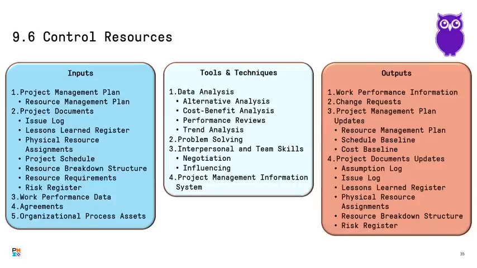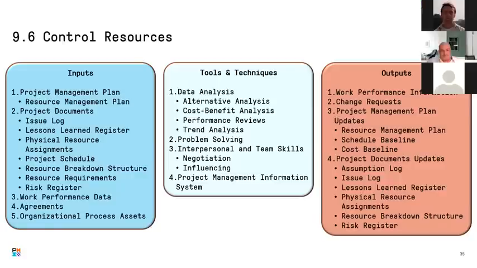So the question is really about the relation between different processes. Some of the questions, and it's quite a small number of questions, come about the tools and techniques. And they will say things like, a project manager is using a voting methodology, a voting tool and technique in their work in order to get the best information. Which tool is he using?